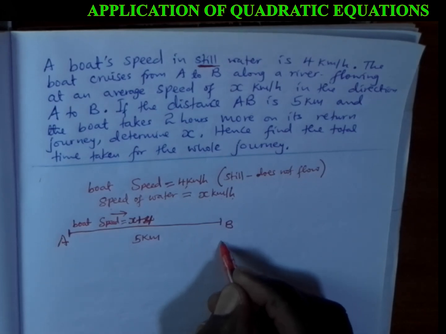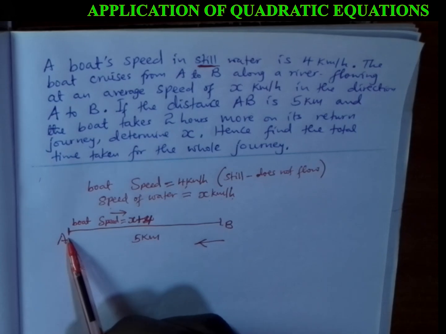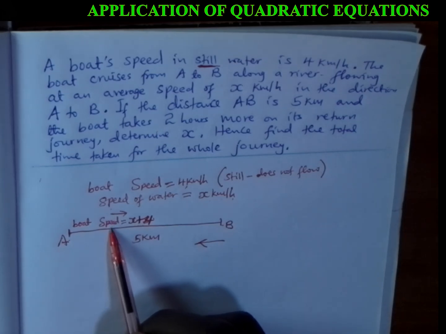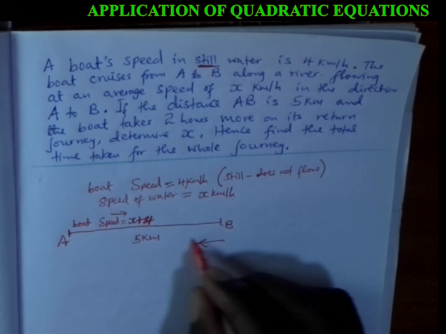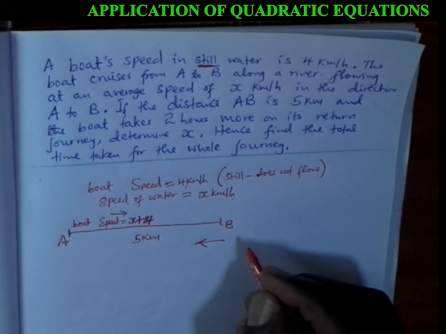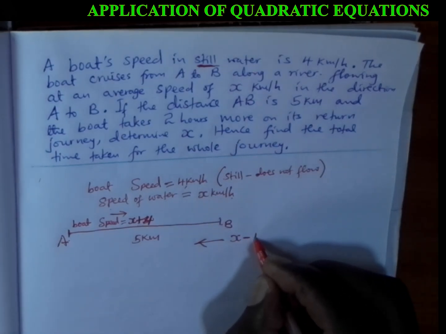And then on its return from point B towards point A, there will be some resistance, since the boat moves in the opposite direction against the water flow, so its speed will be 4 kilometers less. So x minus 4.